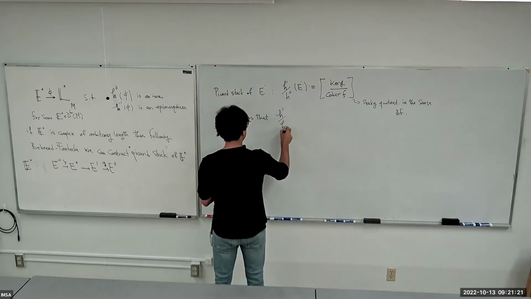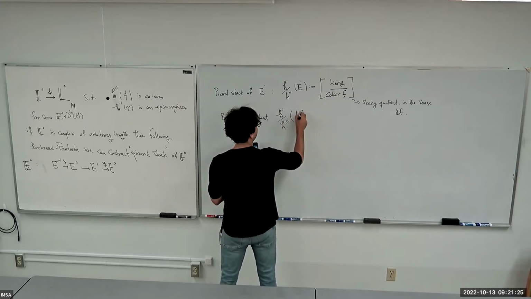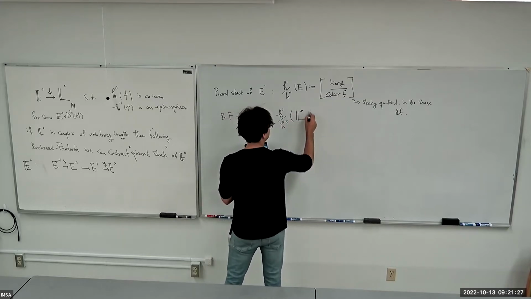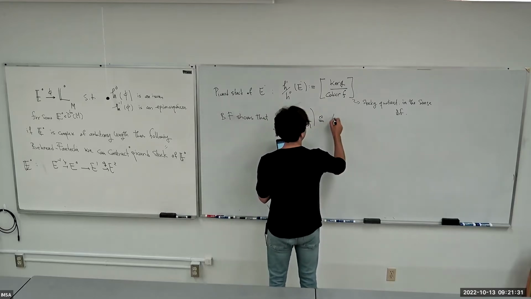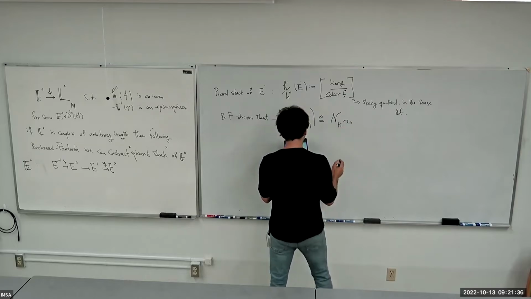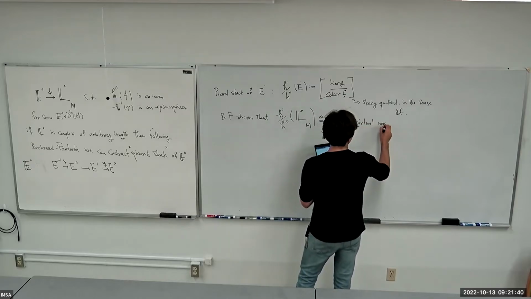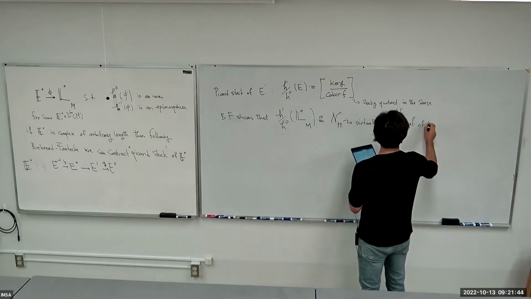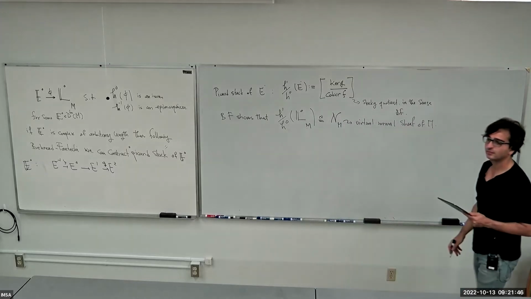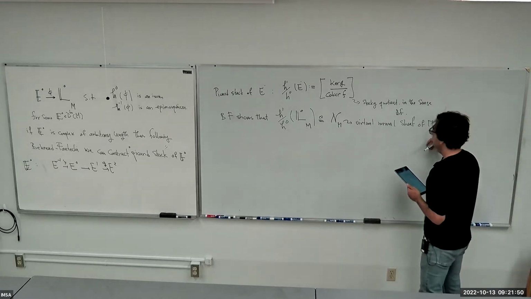Okay. BF shows that H1 over H0 of L dot of M, the cotangent complex, is isomorphic to N of M, which is the virtual normal sheaf of M. Remember what the virtual normal sheaf of M was.